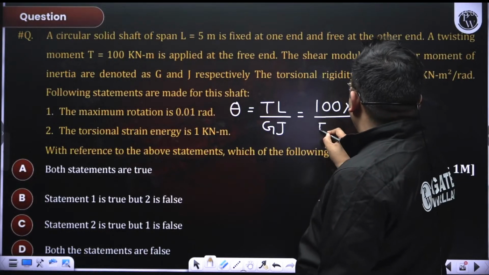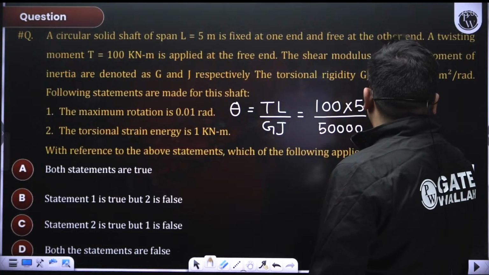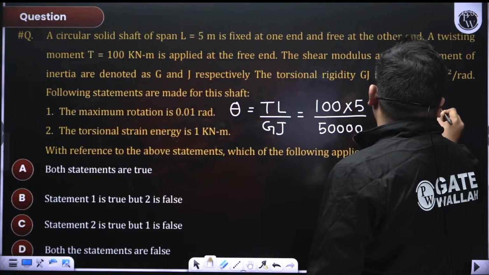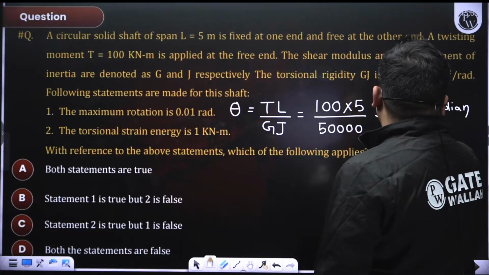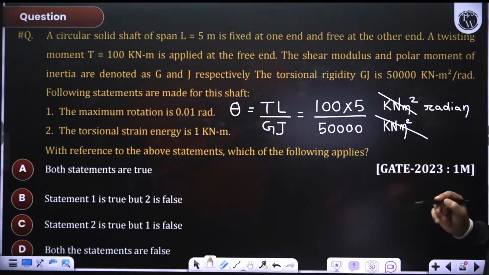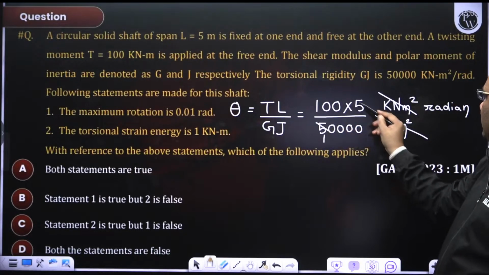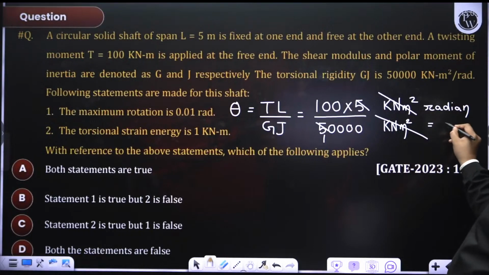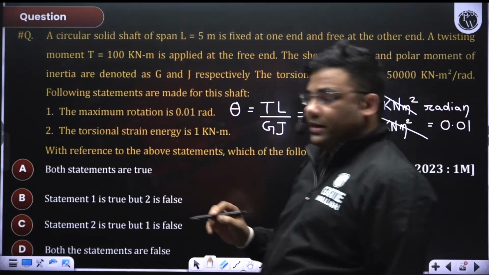So radian will go up, kilonewton meter square get cancelled, and I'll get the answer directly in radian. So if you solve this, 5 get cancelled. So 100 by 1000 will get how much? 0.01 radian. So statement 1 is correct, right?